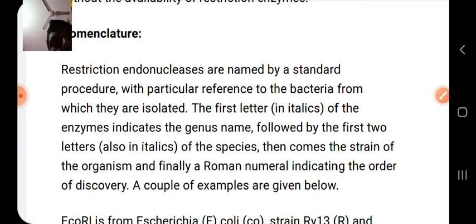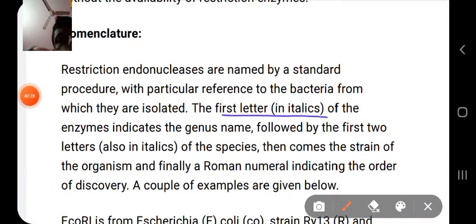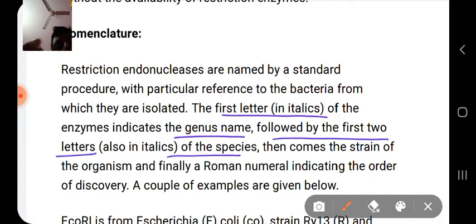The first letter, given in italics mainly, indicates the genus name of the bacteria from which the enzyme has been isolated, followed by the first two letters of the species.